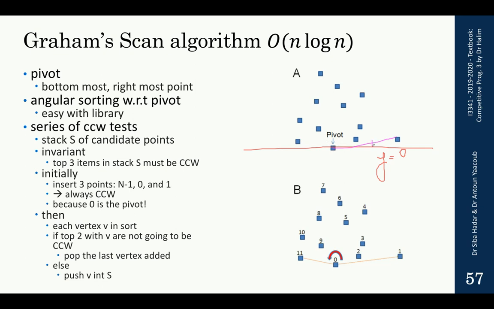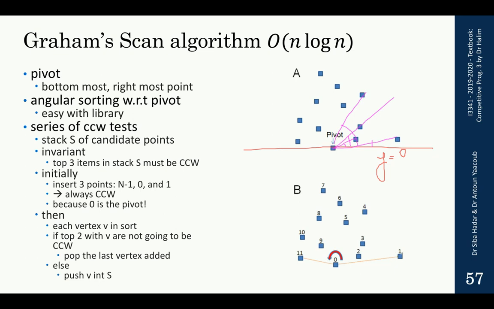This is an angle theta, from the point to the pivot with respect to y equal 0. This is the next angle, and this is the third angle and the fourth angle. So you get the angles and you sort the points with respect to the angles.